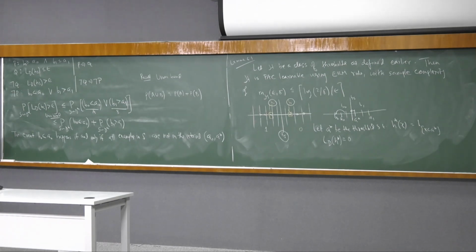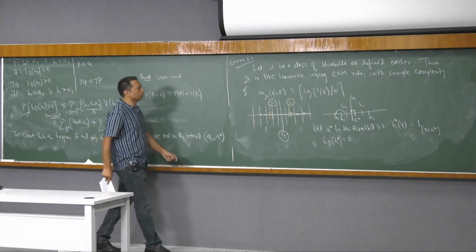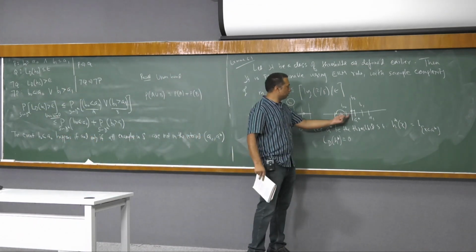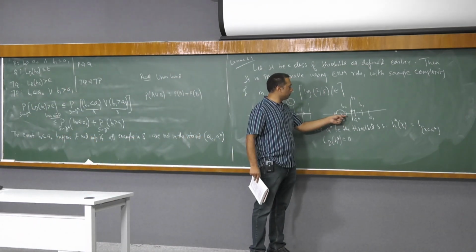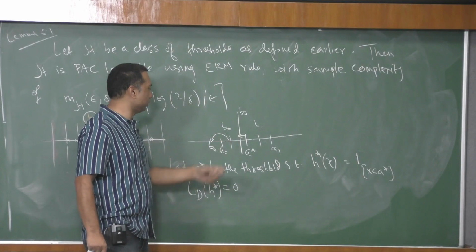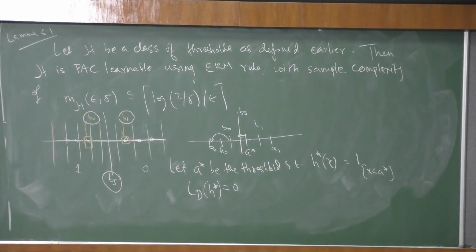Earlier we have written that the probability of finding a point x in the interval A naught A star was epsilon. So the interval is such that the probability of finding a point in it was epsilon. We said that, and also between A star and A1 the probability was epsilon. So that we are going to use here.